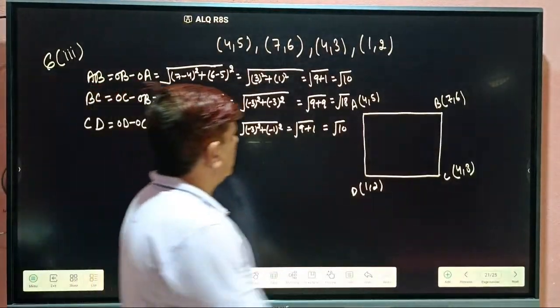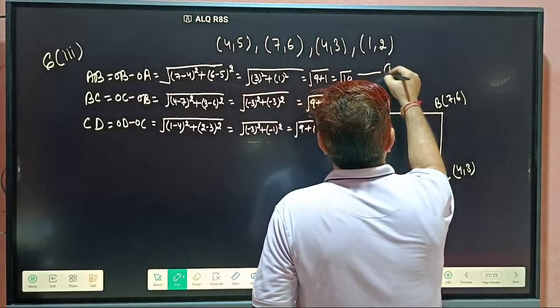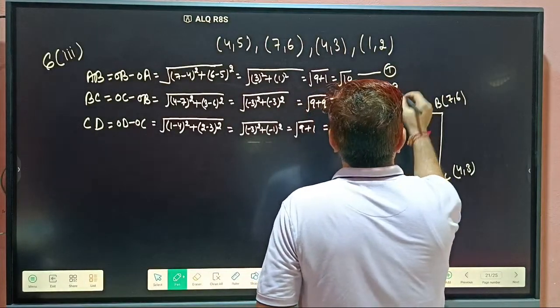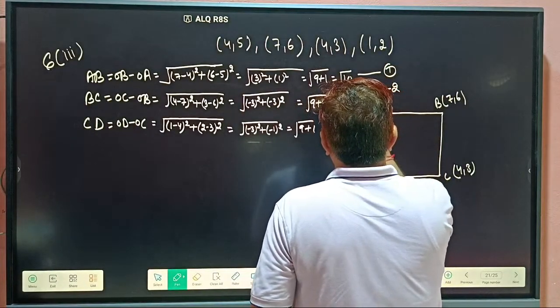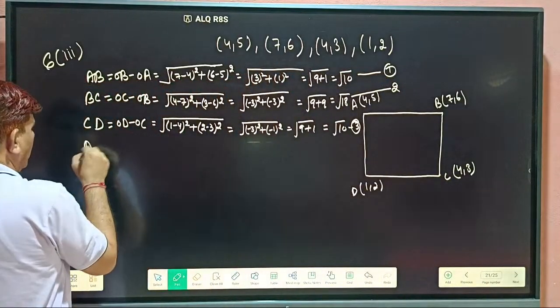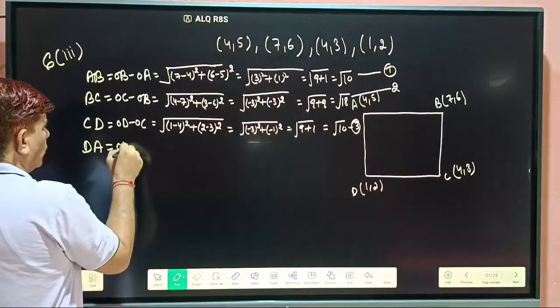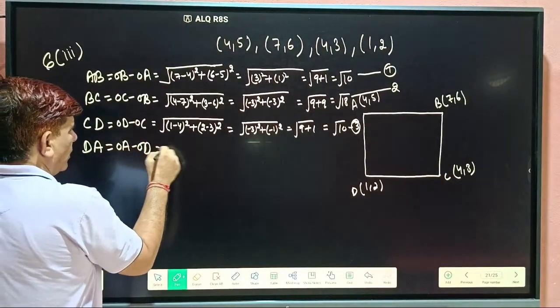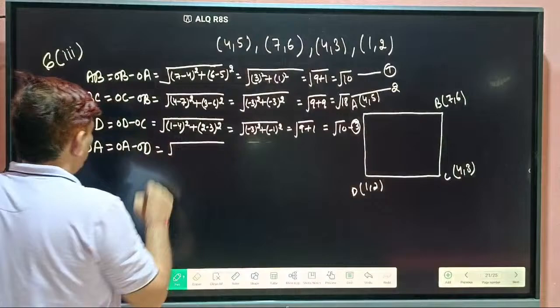So we can say this is 1, this is 2, this is 3, and now you find out DA equal to OA minus OD. So how can we find out?